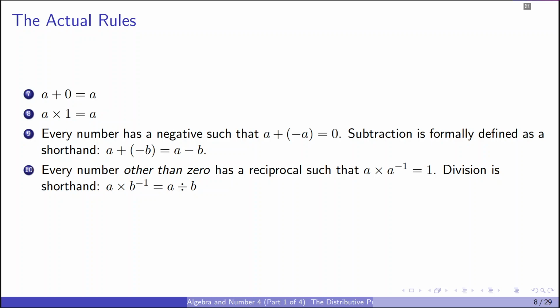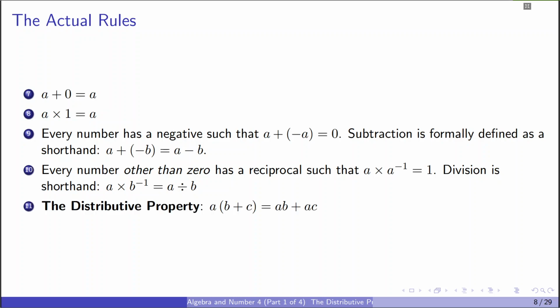So division is a shorthand. A times the inverse of b gives a divided by b. So here is where we can tell them apart. 0 has no multiplicative inverse. So if you have a complicated system where your mathematical objects are not just on a number line, this is how you can tell which of your operations is addition and which is multiplication.